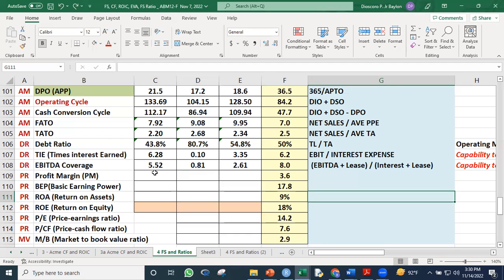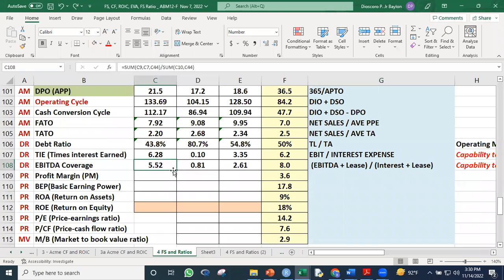So this means that we have 5 pesos and 52 centavos to pay for 1 peso of interest and lease. So the company is theoretically capable of paying their interest at saka lease obligations.